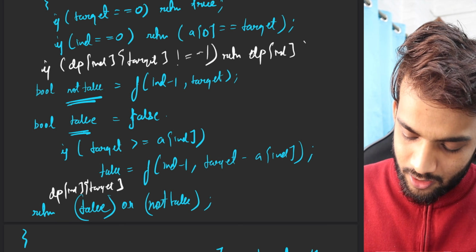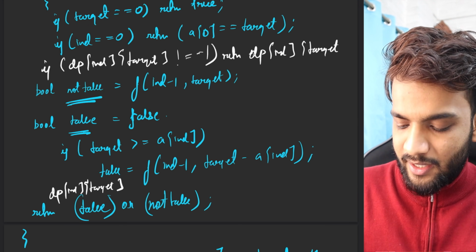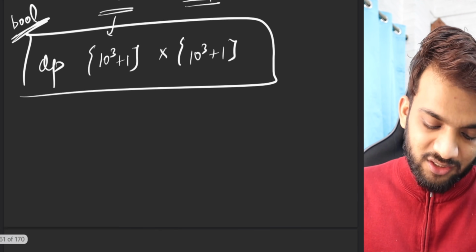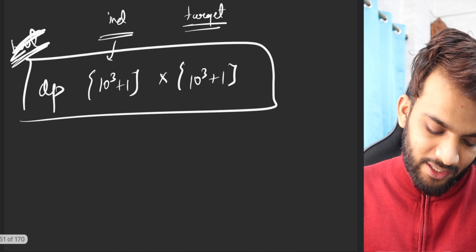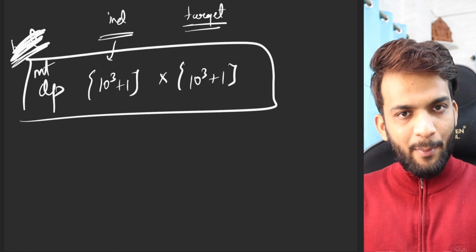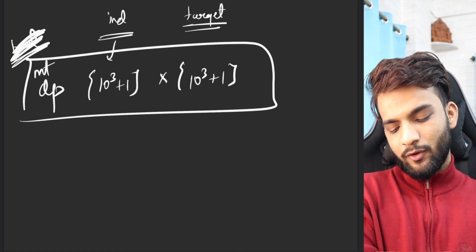You can't take true and false in the memoization, you have to take an integer. For tabulation, you can take true and false.